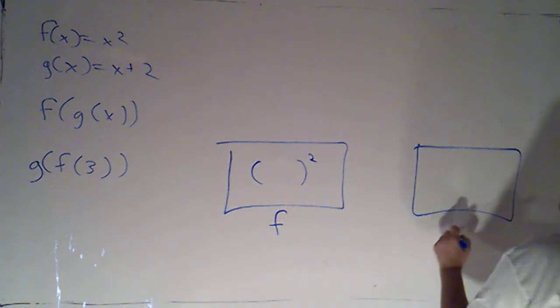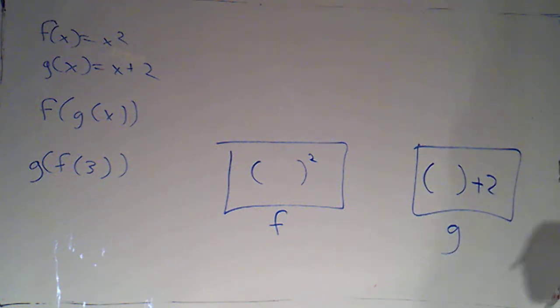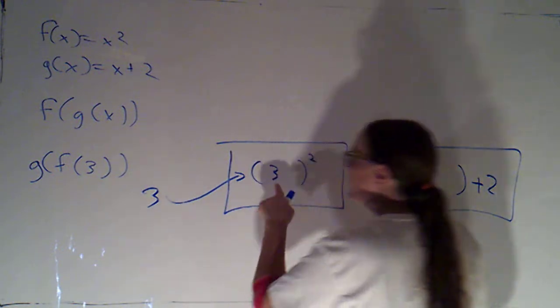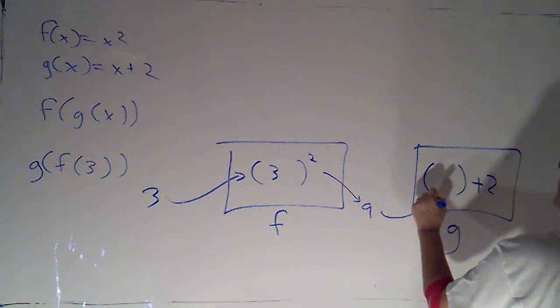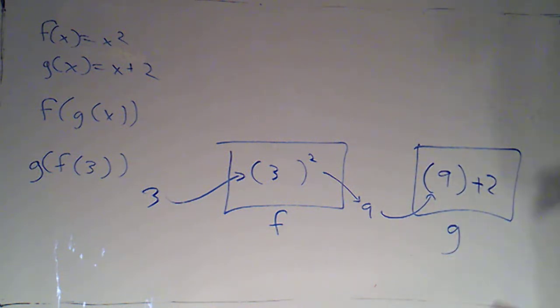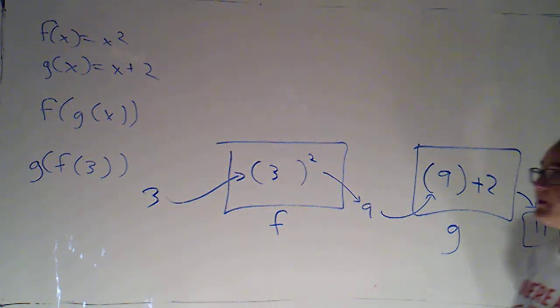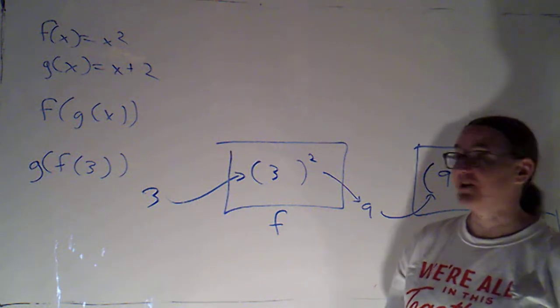And then I would be doing the g function. That's my input plus 2 function. So if I took 3 and I plugged it in, 3 squared would give me 9. That becomes my input to g, and 9 plus 2 is 11. So that would be my ultimate output for that particular function.